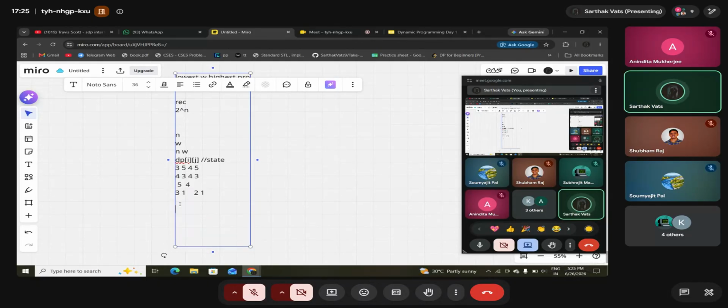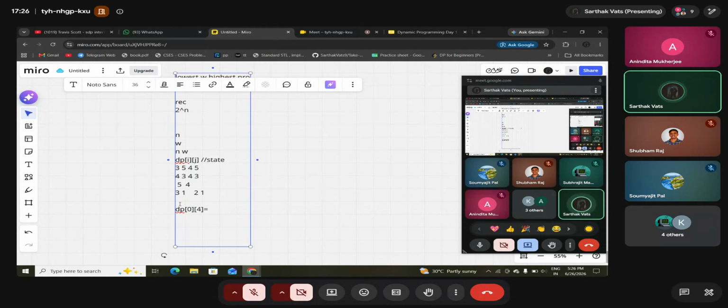Okay, so before the transitions, let's think about the base cases. So what are the base cases going to be? First of all, we need to maximize the profit, right? So suppose I'm at the 0th index, I haven't started exploring my indexes, and I am at a weight 4.